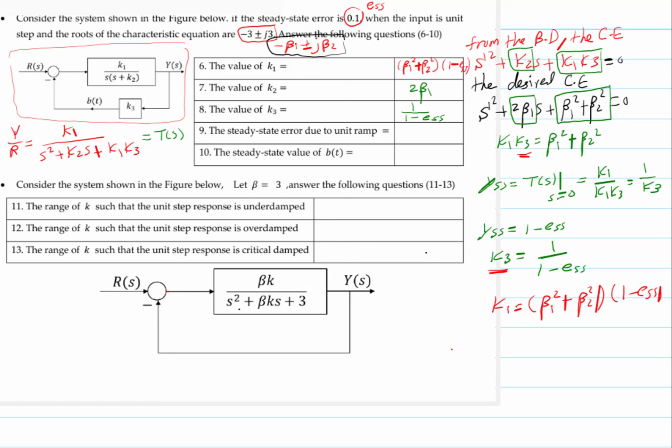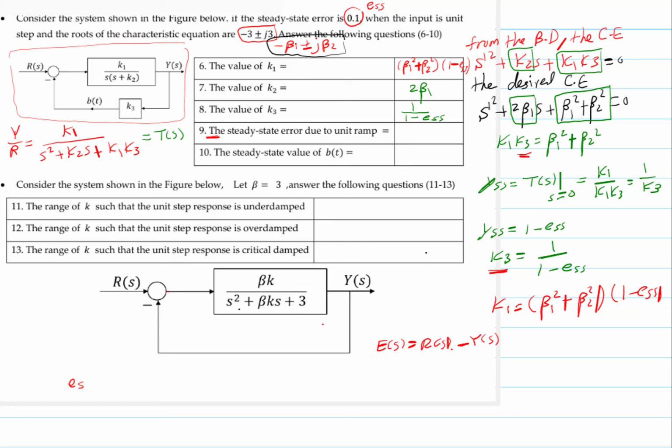Now to find the steady state error due to a unit ramp, let's evaluate the error dynamic. So E of s will equal R of s minus Y of s.